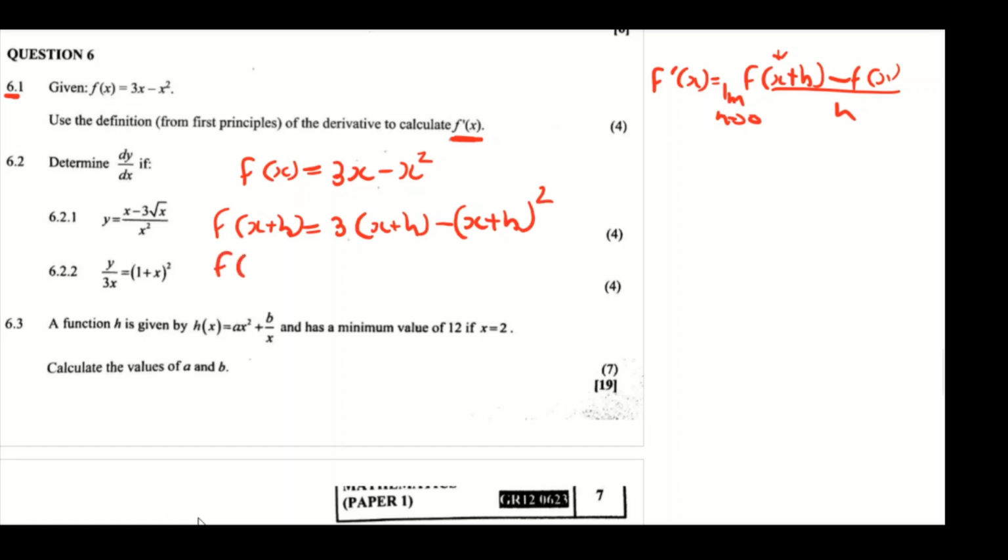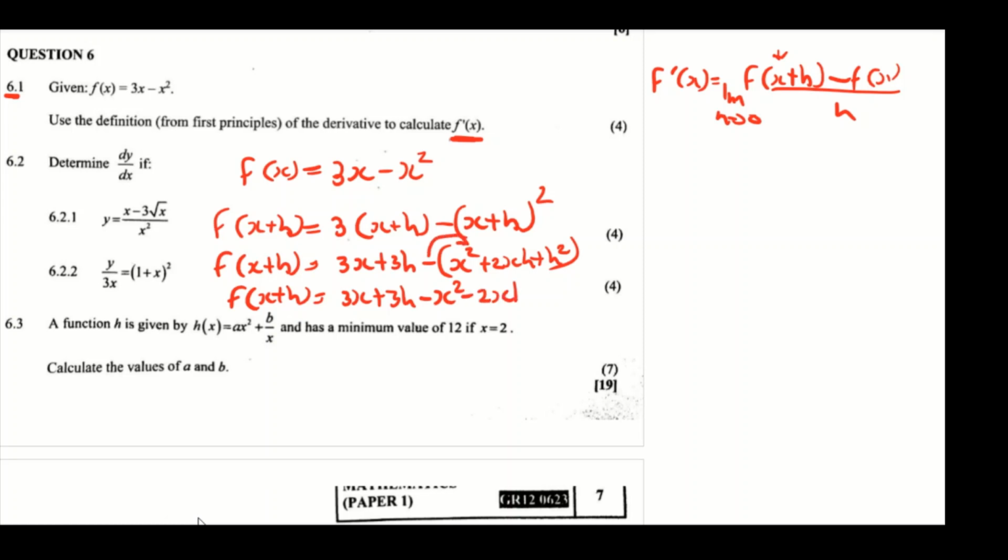That gives 3x plus 3h minus x squared plus 2xh plus h squared. So f of x plus h is equal to 3x plus 3h minus x squared minus 2xh minus h squared, because the minus multiplies everything inside. Now I'm going to substitute that into the formula.